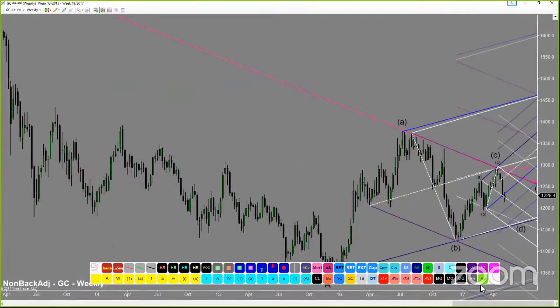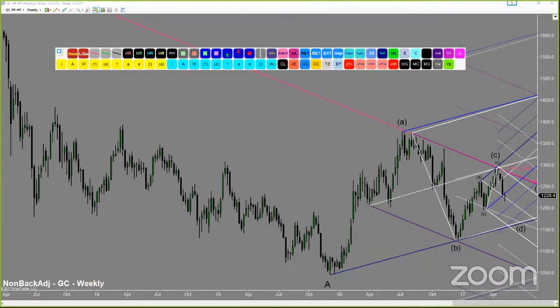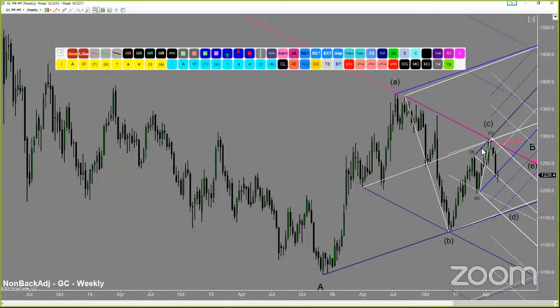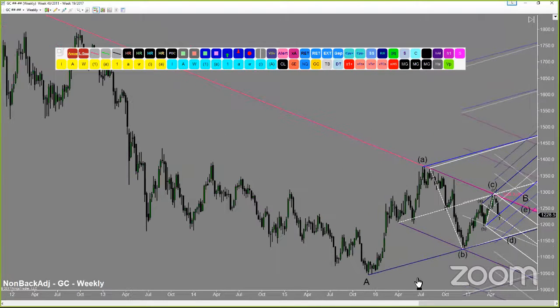So to wrap up gold, I'm thinking this is not a 1, 2, 1, 2, but it's what I have labeled here, which is an A, B, C. Now, it might be going into a triangle. That's definitely a possibility.